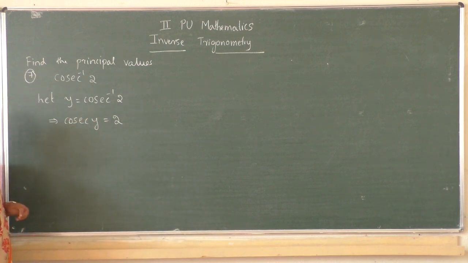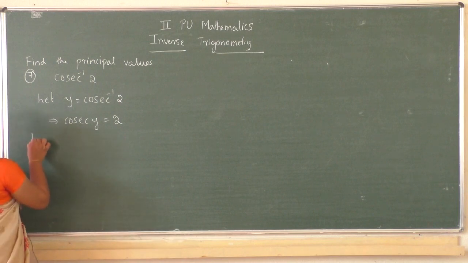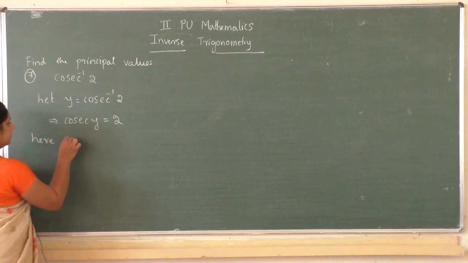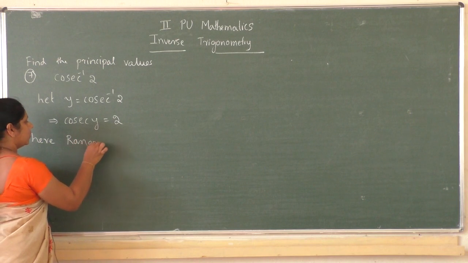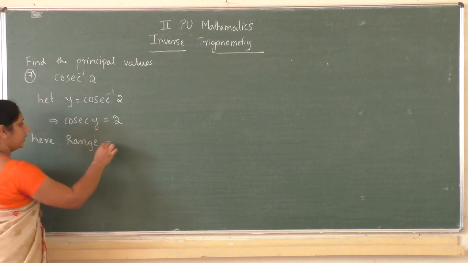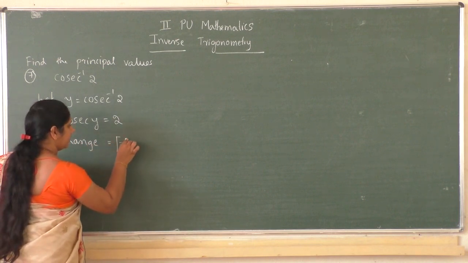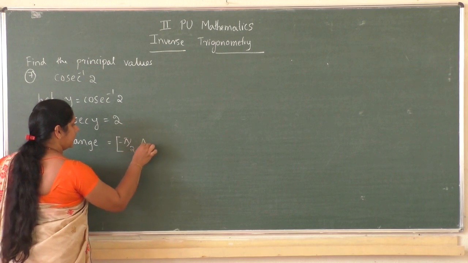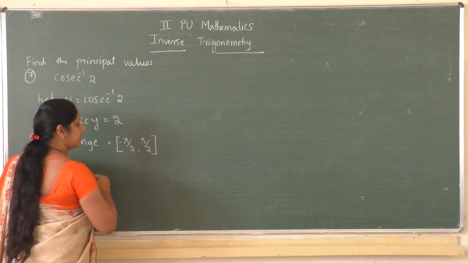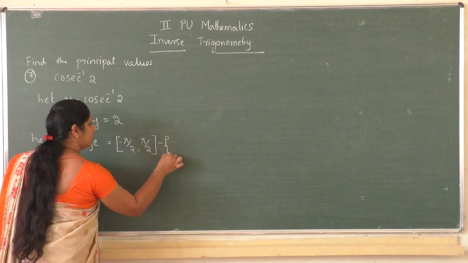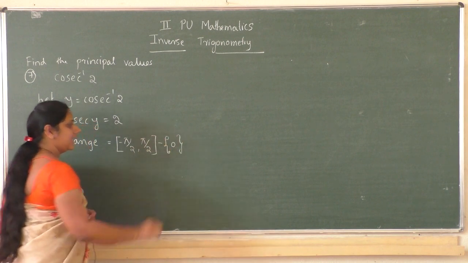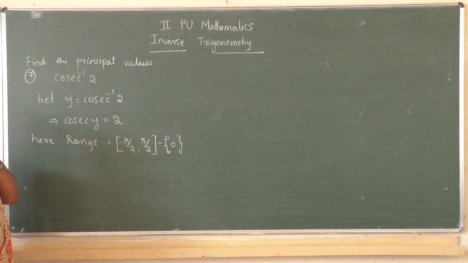Now what is range of cosec inverse? See here, range of cosec inverse equal to closed interval minus pi by 2 to pi by 2 minus set containing 0. So this is range of cosec inverse function.